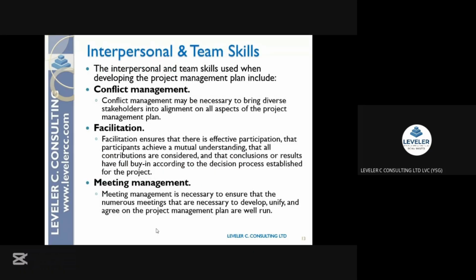Then we look at interpersonal team skills that we need to deploy into our project. In as much as you are working with people, there's going to be conflicts. People will give different opinions and those opinions may be conflicting. For example, we made an example of, I want to fry puff puff.